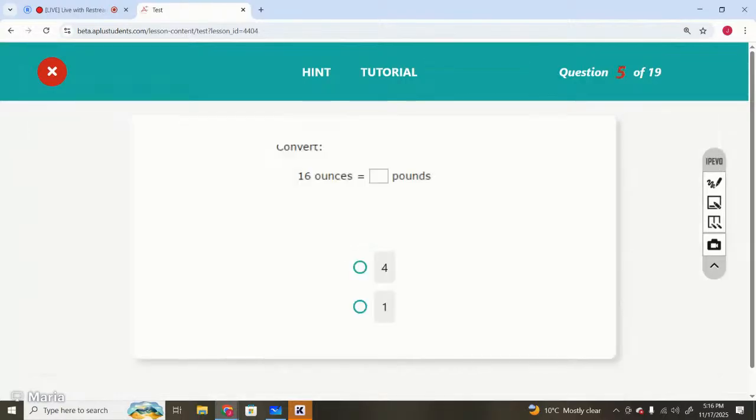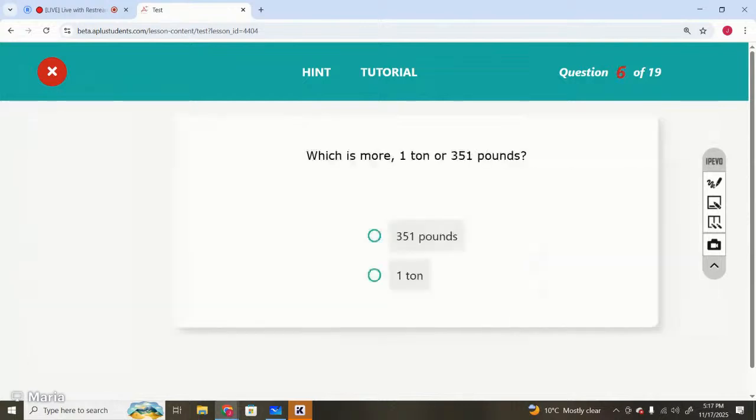That is 38 inches. 16 ounces equal how many pounds? 16 ounces equal 1 pound. Option number 2 is the correct option.